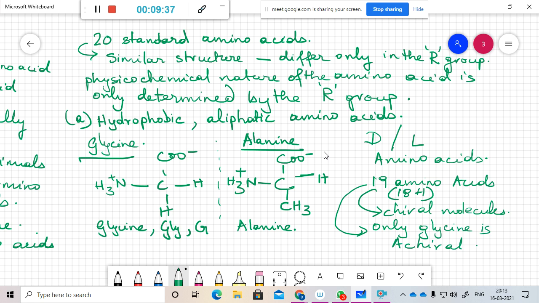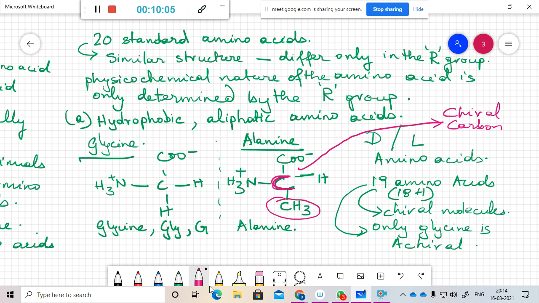A chiral molecule is a molecule which is attached to 4 different groups. The central carbon is attached to 4. This is a chiral carbon. You have CH3 is one group, H is one group, COO minus is one group, NH3 plus is another, 4 different groups.